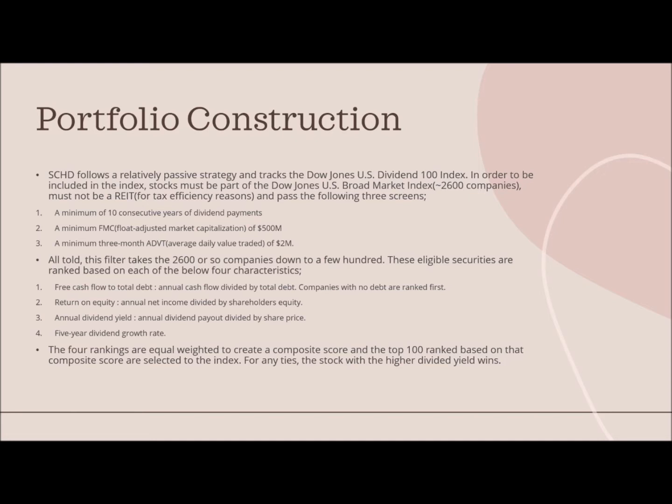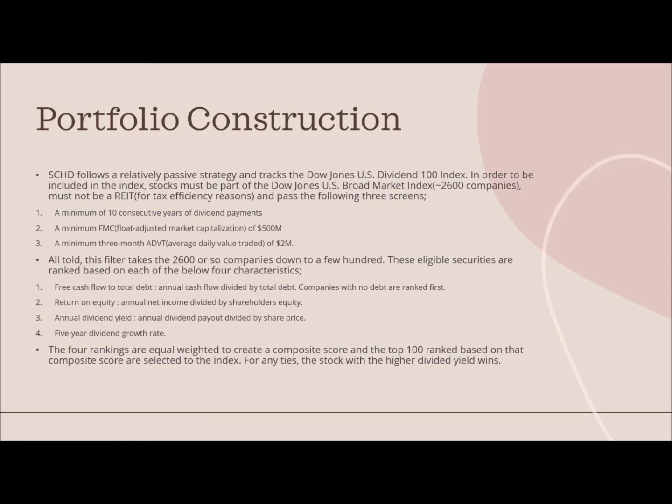Doesn't necessarily mean that they're going to fare equally well through the next recession, but it does bode well in the fact that they have already survived a recession, because even though the data here won't reflect that 2008 recession, this minimum of 10 years of consecutive dividend payments means that the companies did well during that time frame. So all told, this three-part filter, the most important part being that 10 years of consecutive dividend payments, takes the 2,600 companies down to a few hundred. I believe it's like 350, 400 companies.